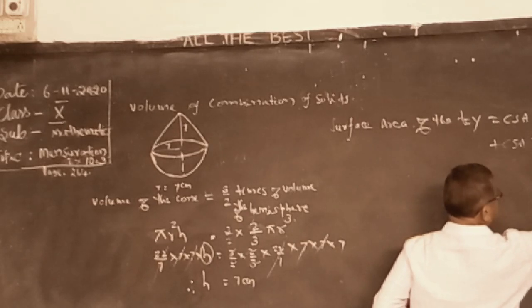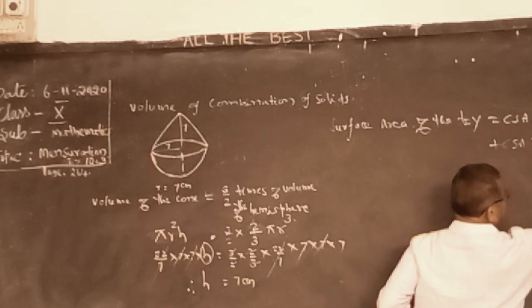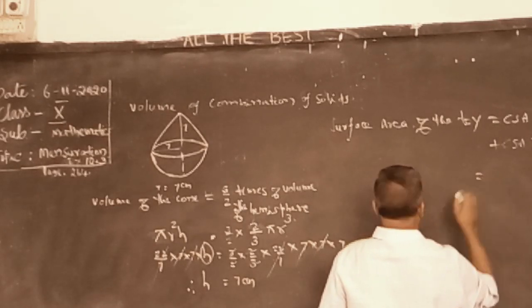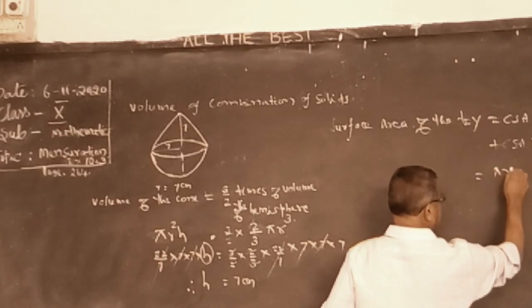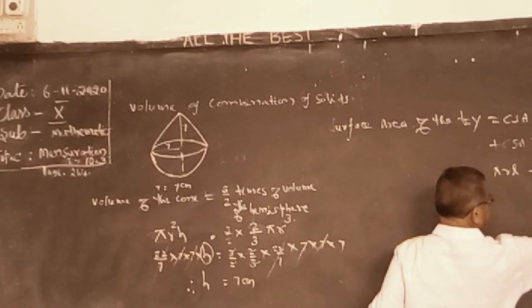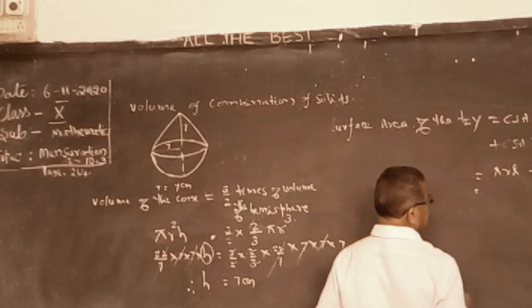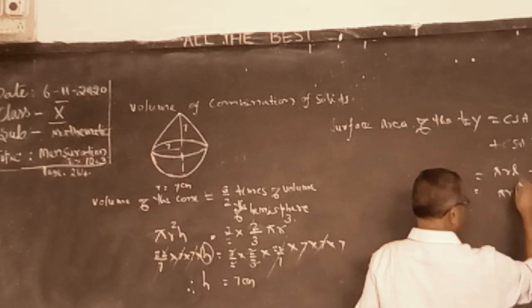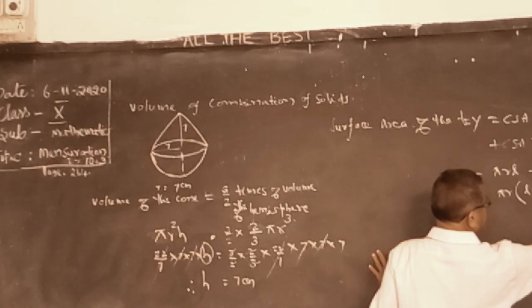CSA of the cone is pi r l and of the hemisphere is 2 pi r square. Here take pi r common. Here l remains, and taking pi r common, 2r remains.